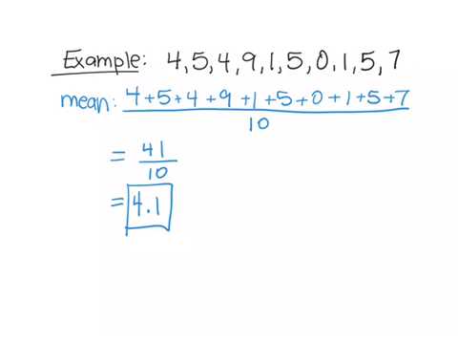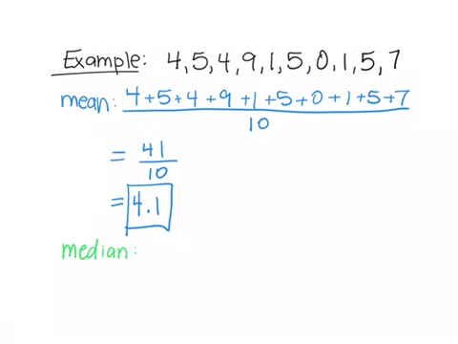So now if we look at median, in order for us to find the median, we are going to need to find the middle value. And if you remember, I said that to do that, you need to organize the data from least to greatest. So your data has to be in order.